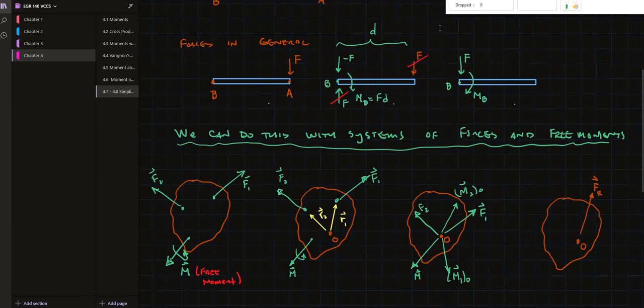And then these 3 moments add together for a resultant moment. Maybe it's heading in this direction. And those are my resultants.